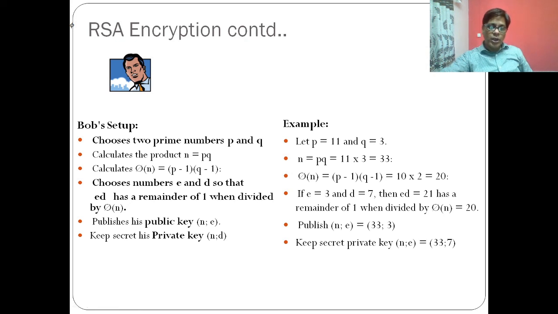Also, it should be noted that the published key contains N, from where figuring out phi n, on which we are performing the computation, is not direct.